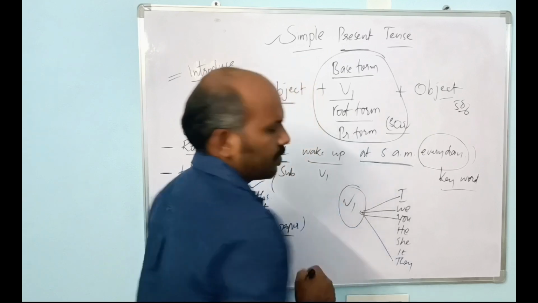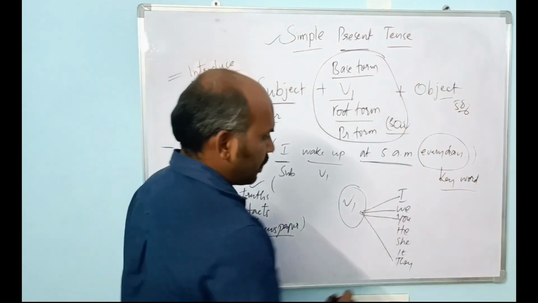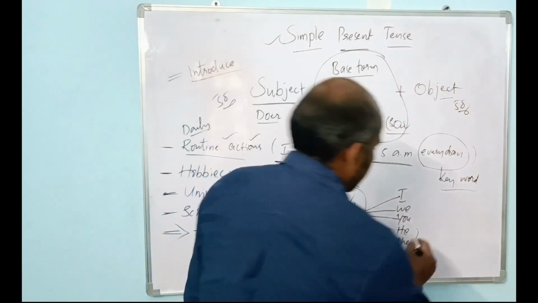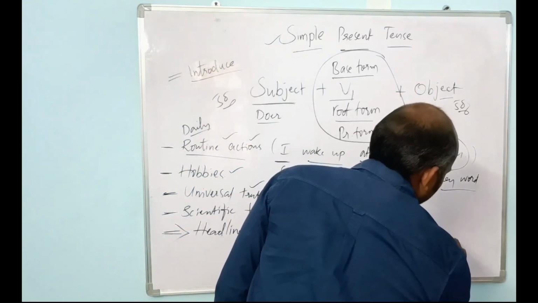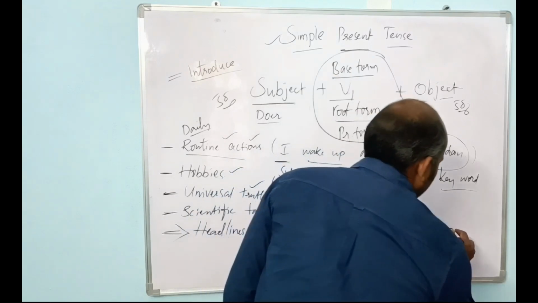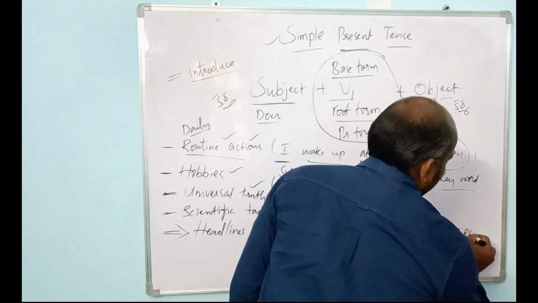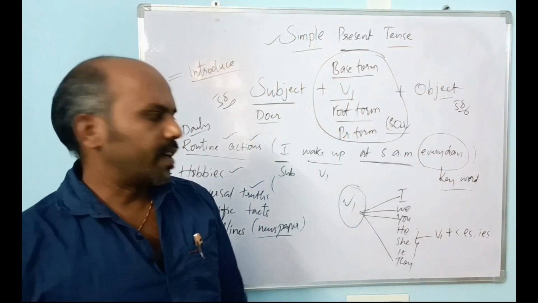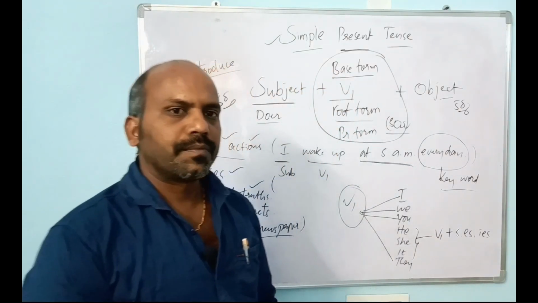For all these, we use the V1 base form. The remaining three are he, she, it. For he, she, it, we have to use the base form along with s, es, or ies added to it.